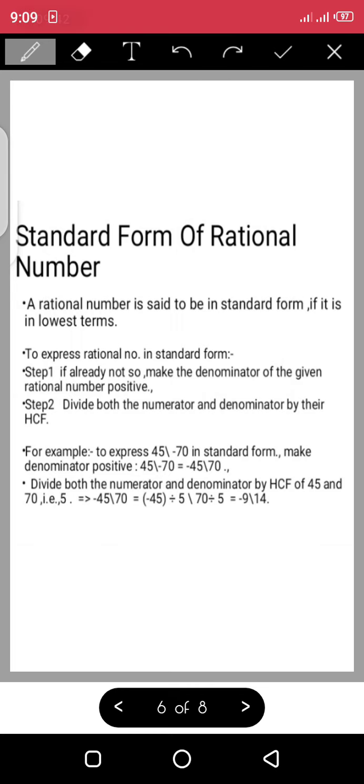Now we have the steps to express a rational number in standard form. Step 1 is, if not already so, make the denominator of the given rational number positive.